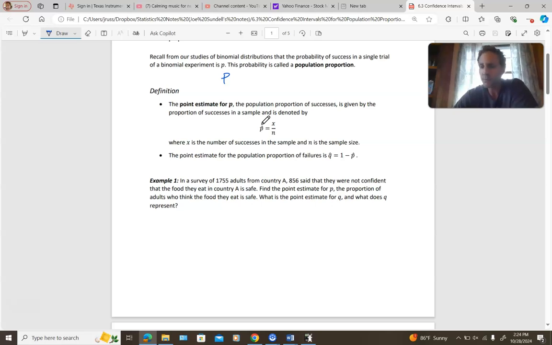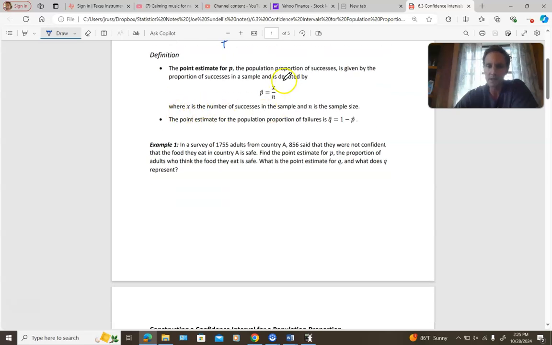So instead of x bar, like we saw in 6.1 and 6.2, we've got p hat. It's an estimate based on our sample for what the true population proportion is. And then along that same vein, guys, if p hat is the estimator for the number of successes, then q hat, 1 minus p hat, would be the point estimator for the number of failures.